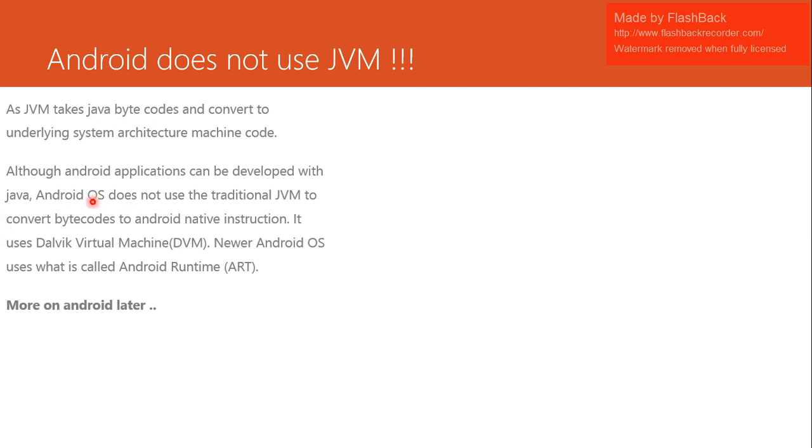So Google came up with what we call the Dalvik virtual machine, the DVM. The idea is that the bytecode gets converted to the DEX file, which is the Dalvik executable, and that Dalvik executable is converted using the DVM to the native Android instruction codes.